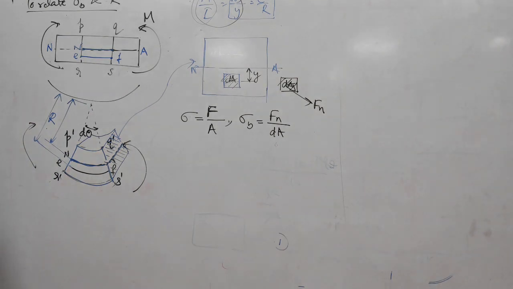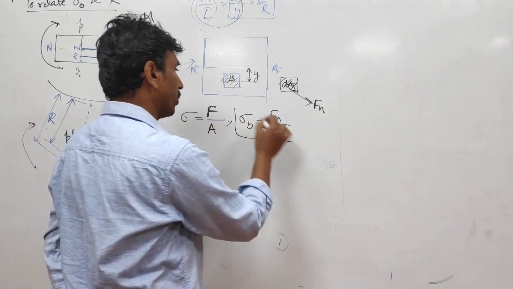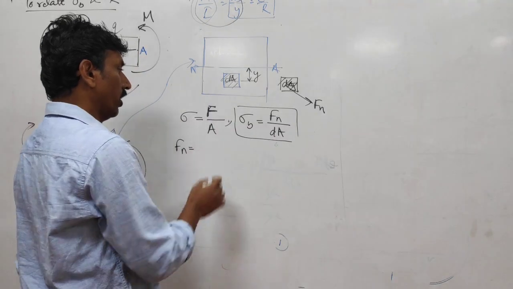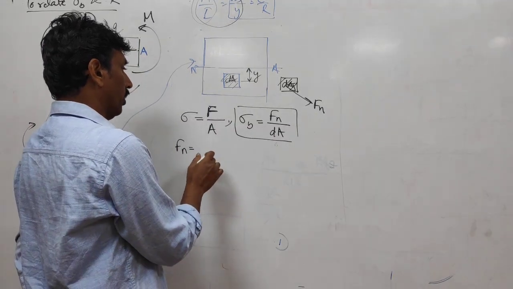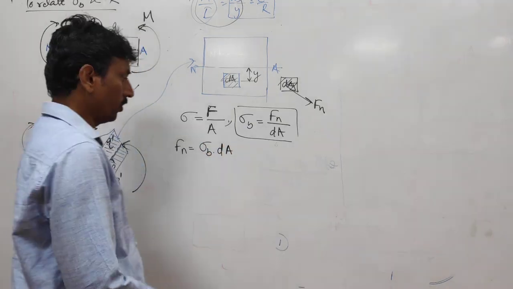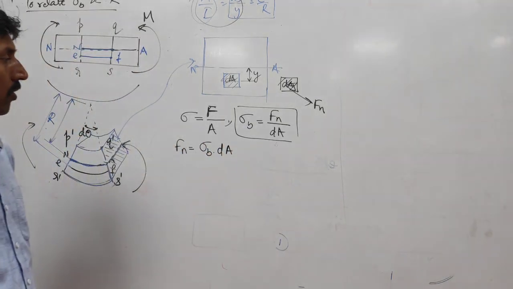And then we already know that now I can rearrange this equation and write it as Fn is equal to sigma b into dA.